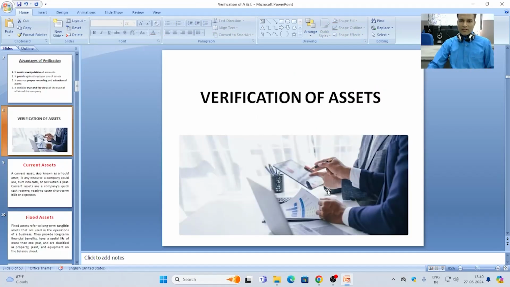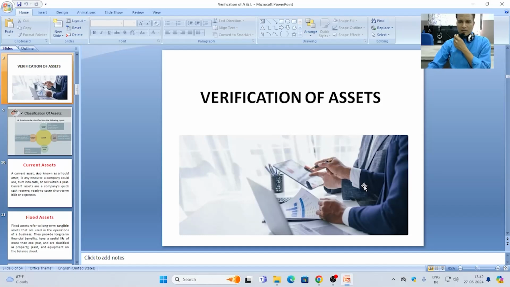So let me start with verification of assets. But before the verification of assets, we have to gain knowledge about the types of assets. There are various types of assets in a business concern.